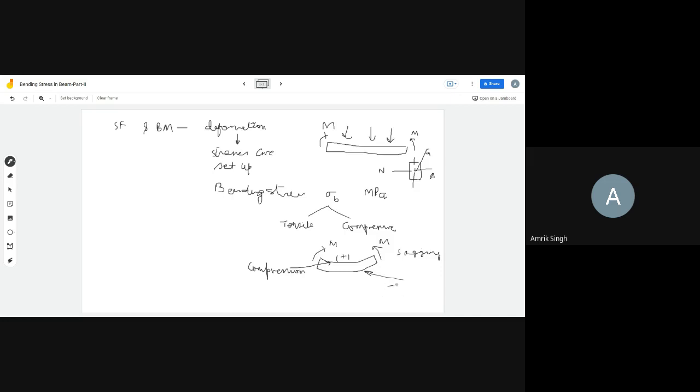And these lower layers will be under tension. So here the tensile stress will be developed, and here the compressive stress will be developed. Okay, so is that clear?